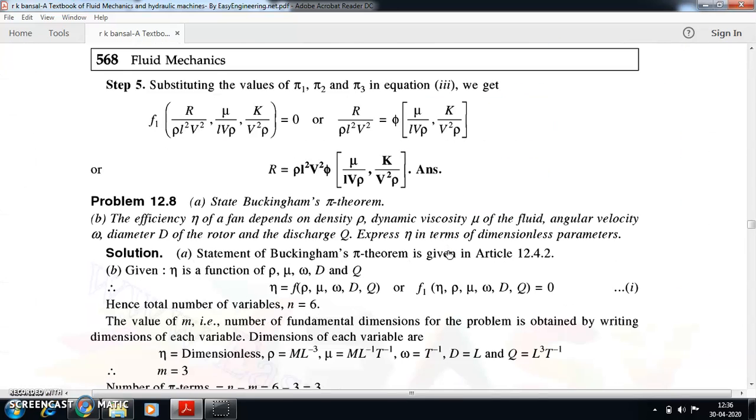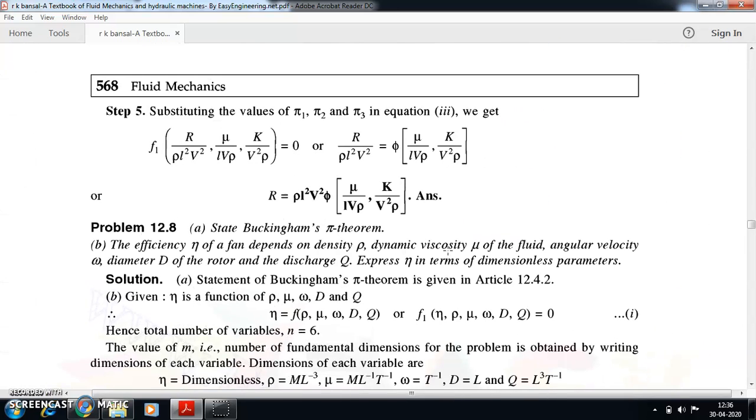After working this out, you write the final equation, the function which you defined initially in step 1, where f1 of pi 1, pi 2 and pi 3 is equal to 0. Now remove this function sign. I have just substituted for pi 1, pi 2, pi 3 here.